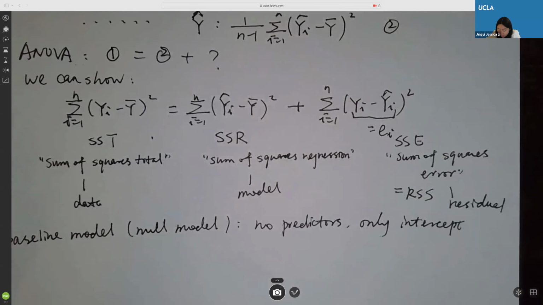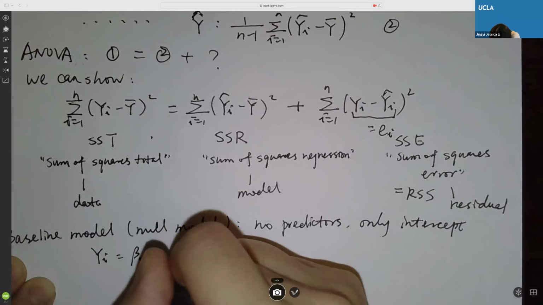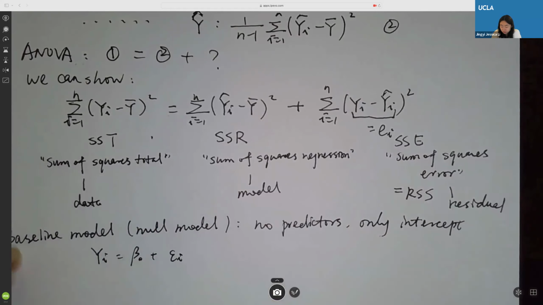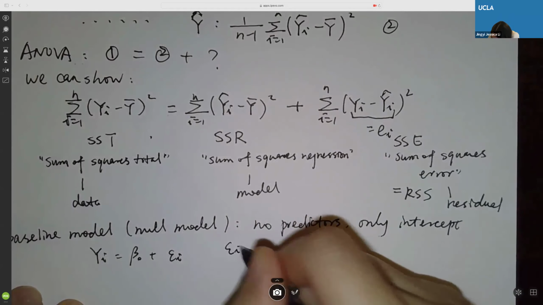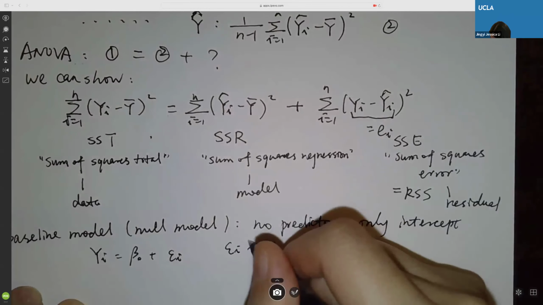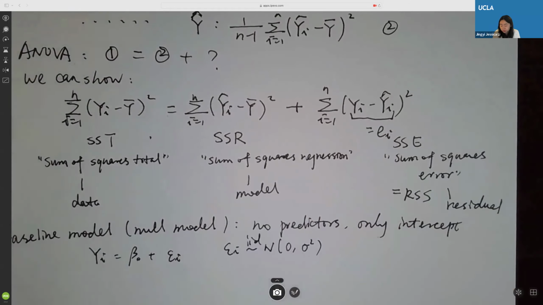This model is essentially yi equals beta 0 intercept plus epsilon i. That's it. There's no predictor included. If we still want to be consistent with our assumption, we can assume epsilon i to be normally distributed with 0 mean and common variance sigma squared.